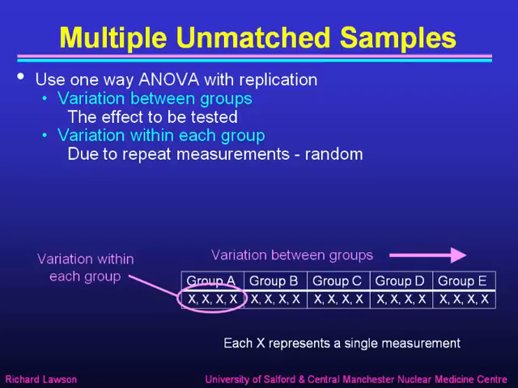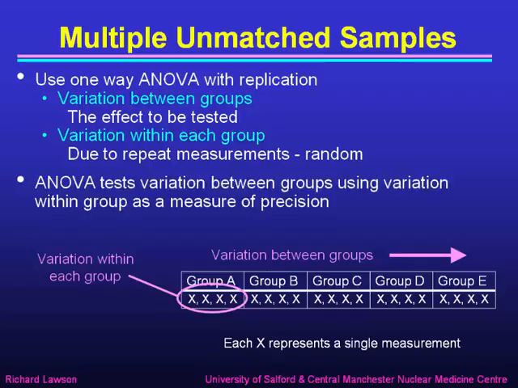Those are just random measurements. It wouldn't matter which order they were done in, so they're just repeats of the same thing, which allows us to detect the precision of the measurement. The analysis of variance is going to test the variation between groups, which is what we're trying to see, using the variation within groups as a measure of the precision of the measurement.